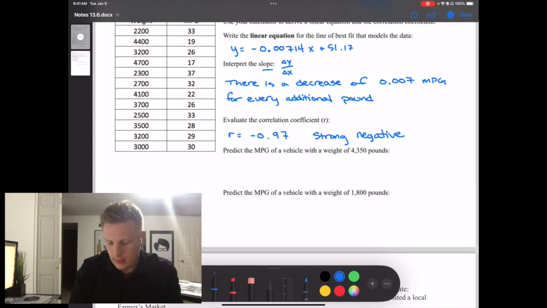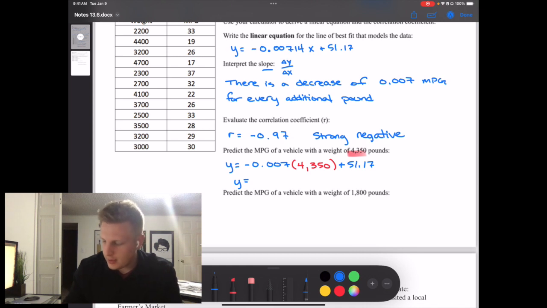Miles per gallon, that's my Y. All I need to do is plug in 4,350 for my X. So 0.007, I got tired of writing, and then for X, 4,350, plus that 51.17. Let's see what this one comes to.